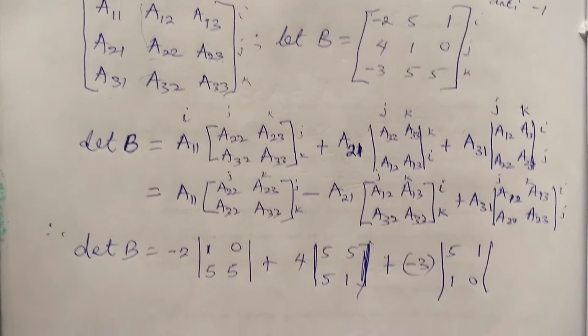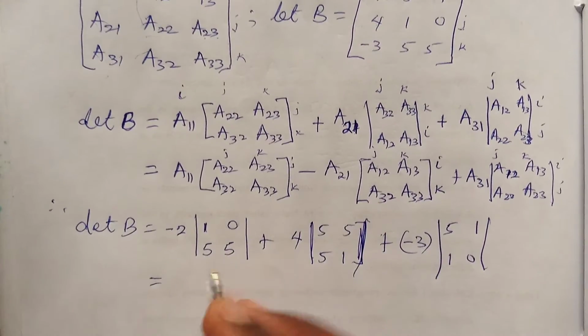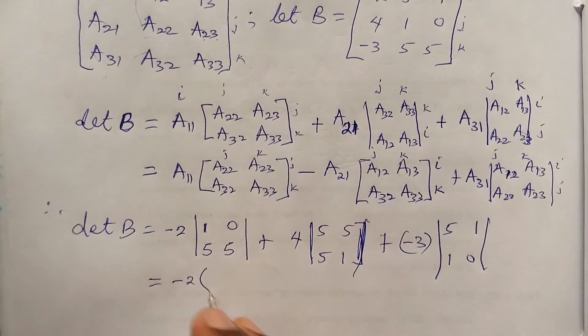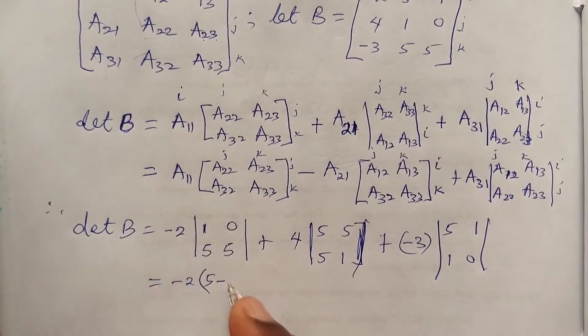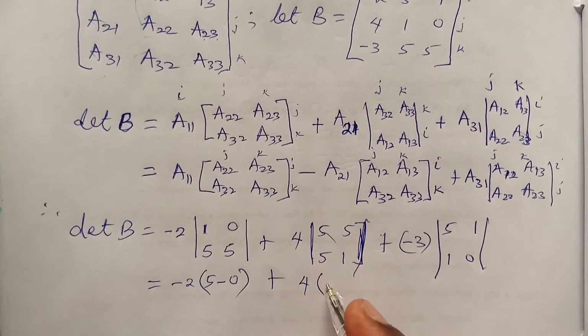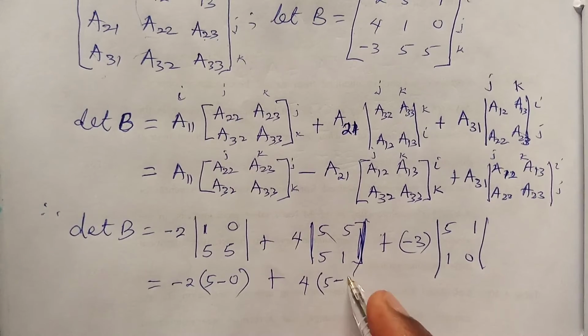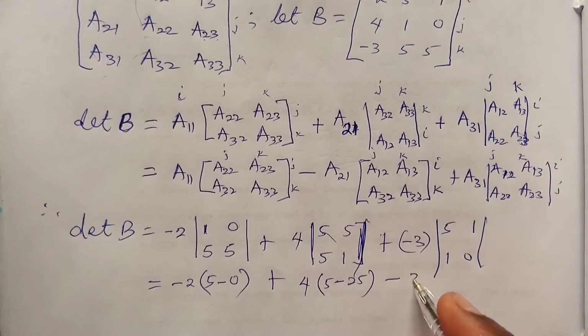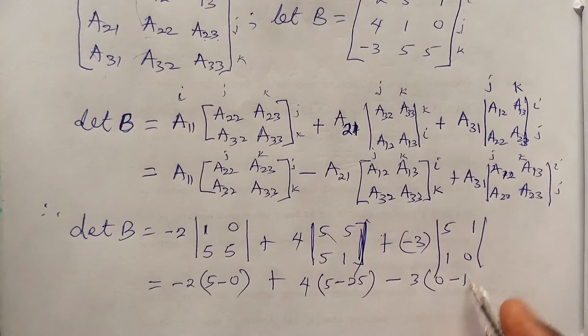So if we do that, from our 2 by 2 matrix, this determinant is 5 minus 0, minus 2 times 5 minus 0, plus 4 into 5 minus 25, minus 3 into 0 minus 1.